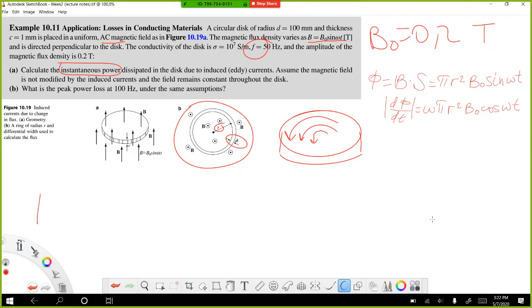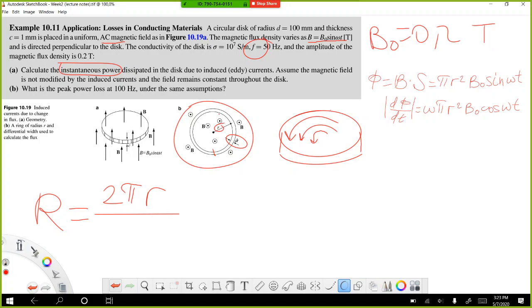Okay, the resistance equals the length of this ring, equal to 2πr, and the cross-section area of this ring, let me write here.